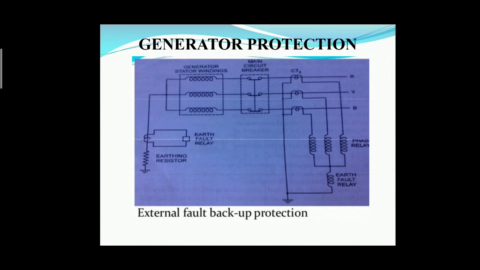These are all the rotor protections in the case of generator protection. In a generator or alternator, we have stator faults and rotor faults. We definitely give protection for the stator faults and also the rotor faults. We use different types of protective schemes for stator faults and rotor faults.